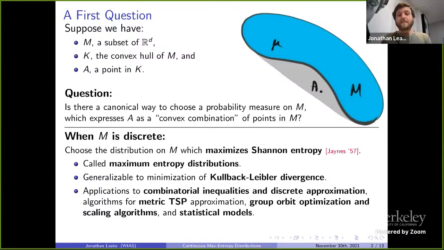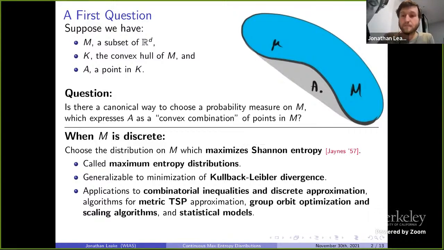Okay, anyway, but in this discrete case, there are already a lot of applications, which we're going to see. I'm going to give you some more concrete details about this, or at least some references. Connections to combinatorial inequalities, discrete approximation, this very recent new improvement to the metric traveling salesperson algorithm approximation is related to this.